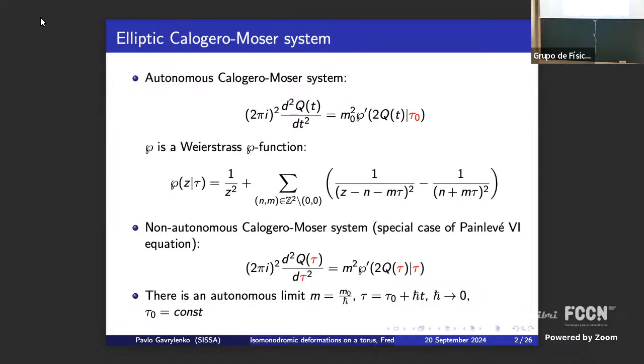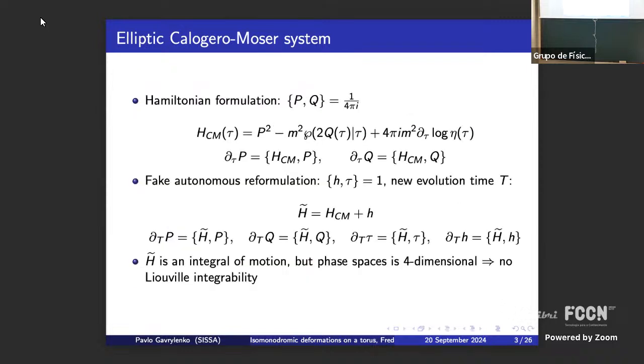So what can we say about these equations? If you talk about the autonomous equation, it is a system with two-dimensional phase space, and there is one Hamiltonian, so it can be integrated explicitly.